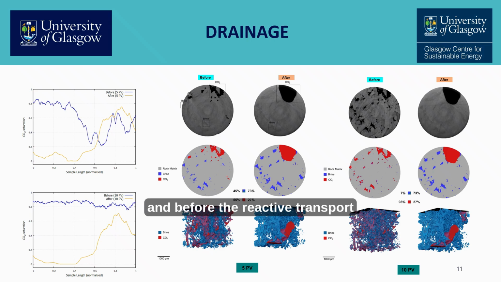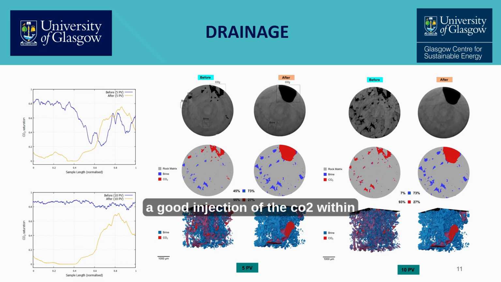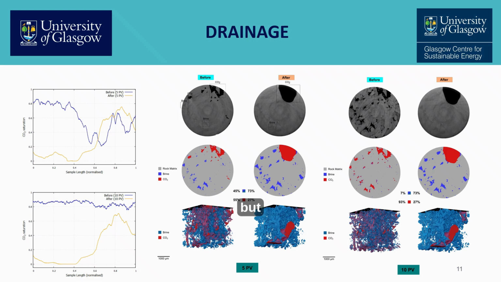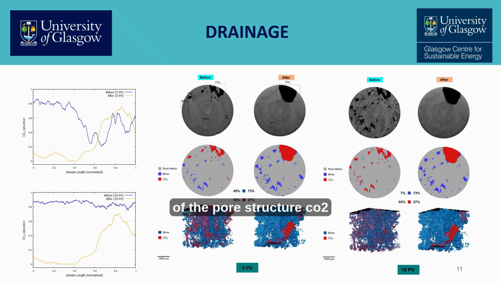Before the reactive transport, you can see what you typically expect in most reservoirs. After injection, you see a good distribution of the CO2 within most of the pores. But after the reaction, due to the evolution of the pore structure, CO2 preferred to flow through the more enlarged pores.